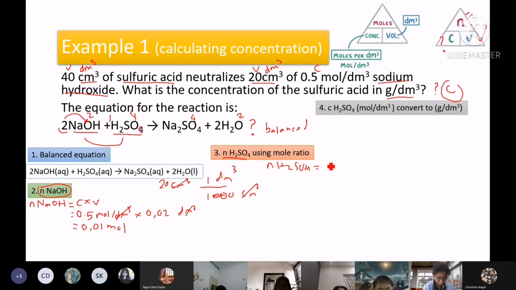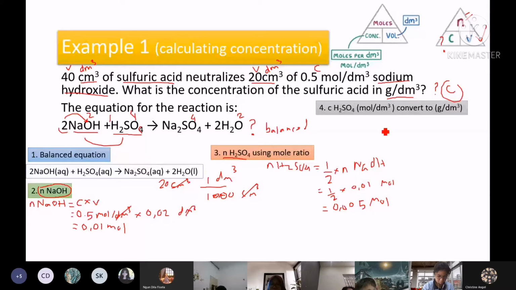So it means 1 over 2 times the mole of NaOH, so 1 over 2 times 0.01 mole. What is the answer, the total mole of sulfuric acid? 0.005 mole.